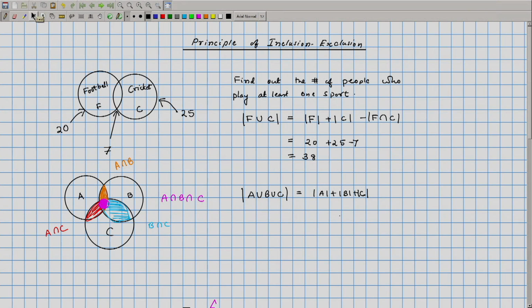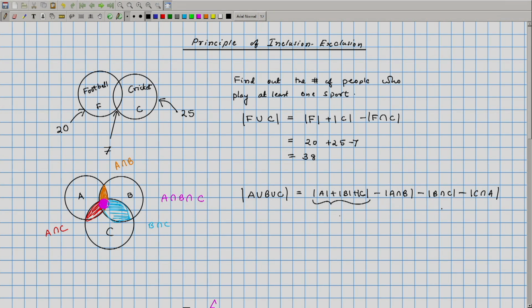So, the correct formula would be: the size of A union B union C is size A plus size B plus size C, minus A intersection B, which we need to remove. We also need to remove B intersection C, and we also need to remove C intersection A. Once all these have been removed, the extras that were counted when we were counting A, B and C have been removed.